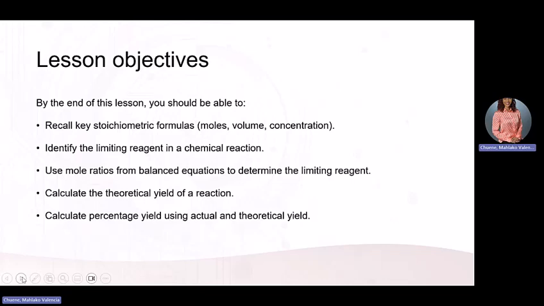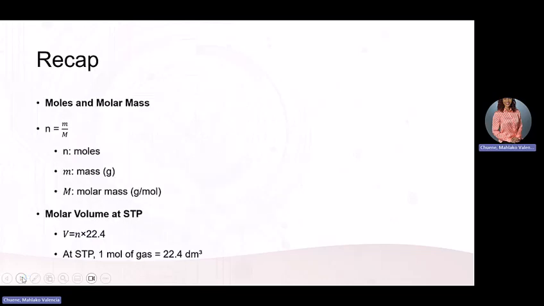But before we go into today's lesson, let us just take a quick recap of what we should already know by now. What we should already know is moles and molar mass.